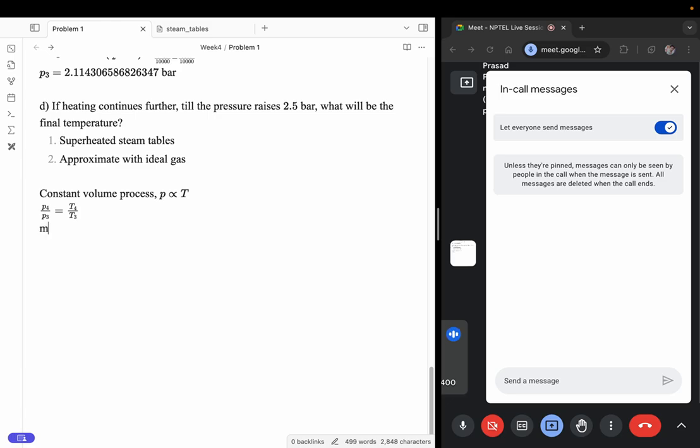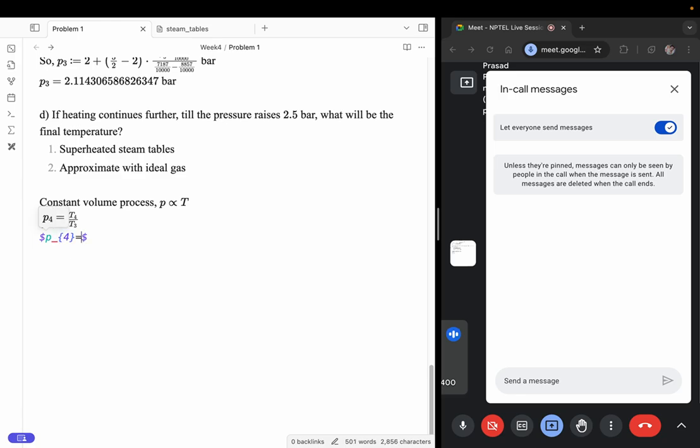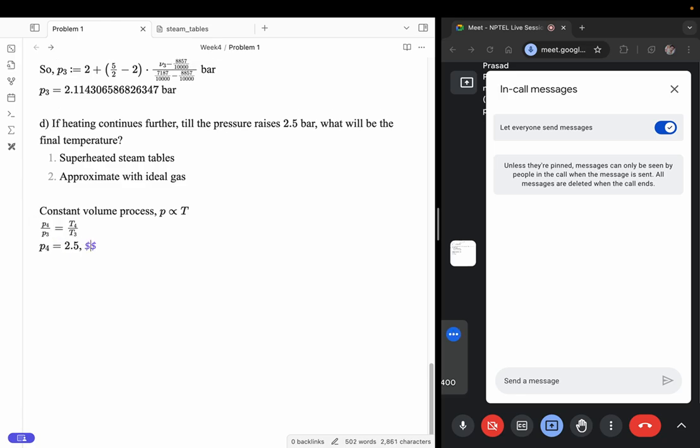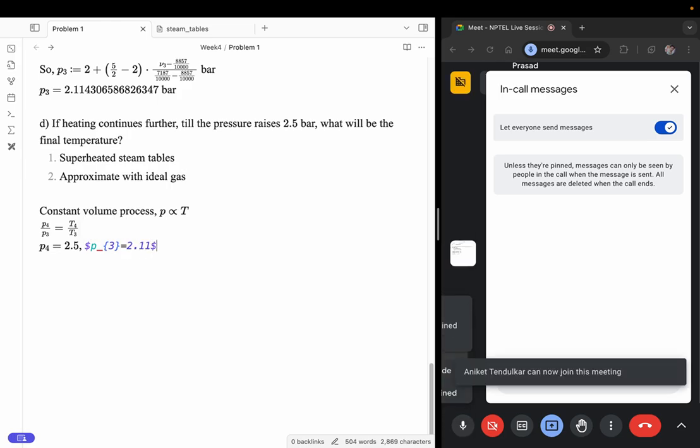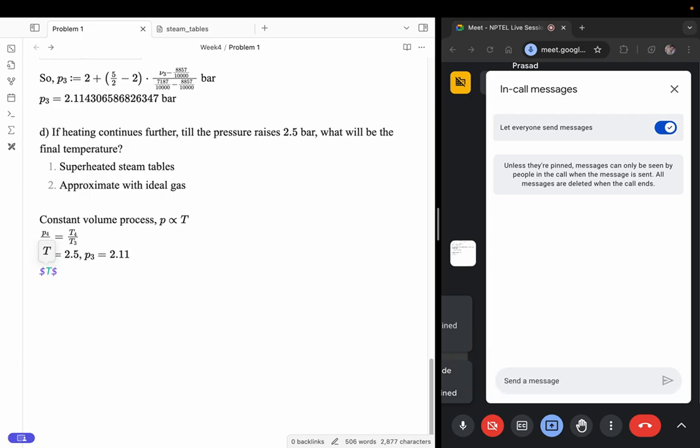P4 is given as 2.5, P3 is already specified, let's say 2.11 bar. And T3 we need to consider in the correct units. When you are dealing with the ideal gas law, ensure that these units are in Kelvin.